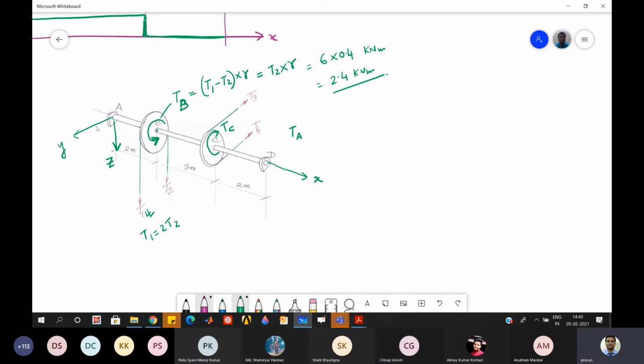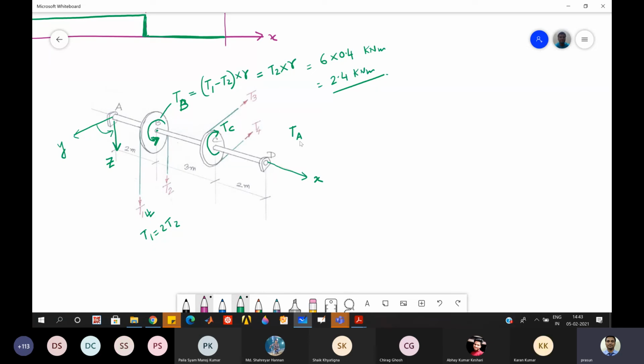Because when I move a right hand screw from y to z, it will move along the x direction. So this is a movement from y to z. If you see the cross product, y cross z, that means j cross k, is positive. So TB is positive.